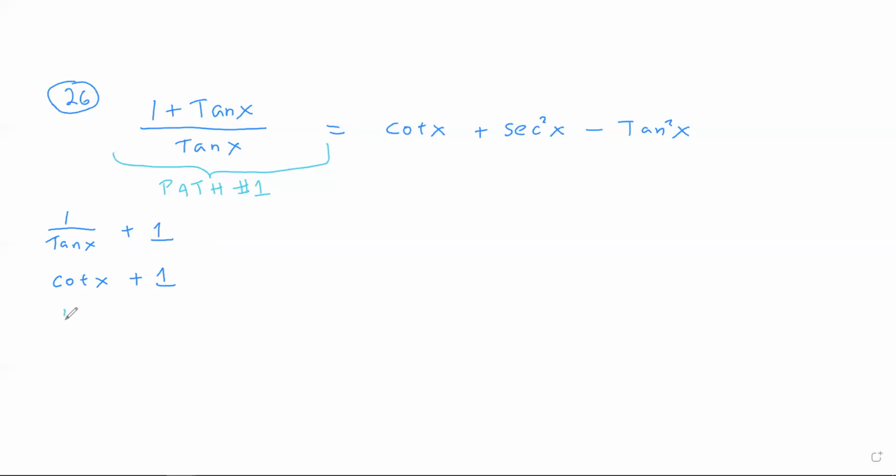Just remember that we've got the Pythagorean identities. So we know that 1 plus cotangent squared of x is equal to cosecant squared of x.